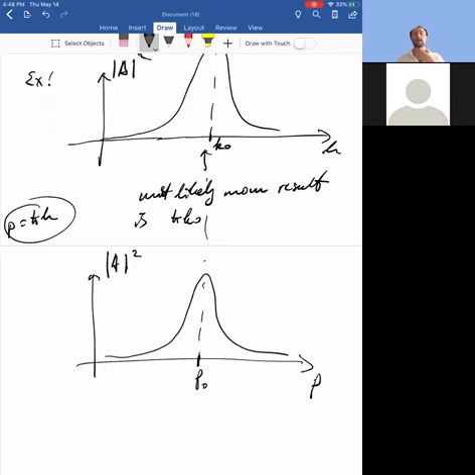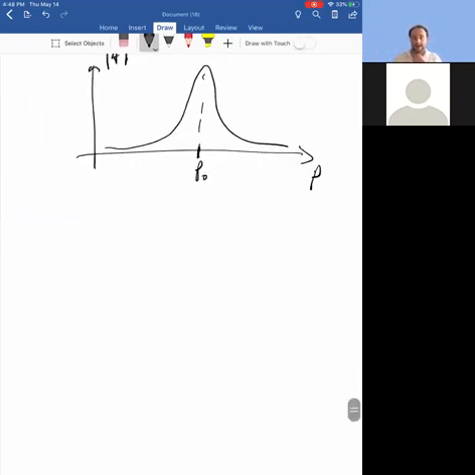So for example, if k naught is pi per nanometer, then p naught would be h bar times pi per nanometer. Now, why that is, we would have to wait. But what does it mean?